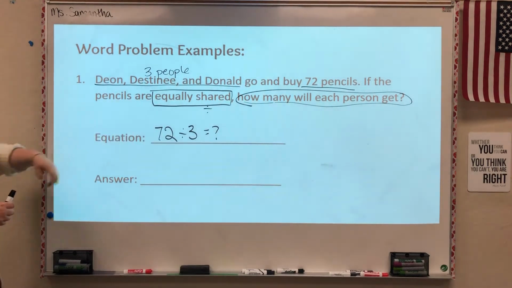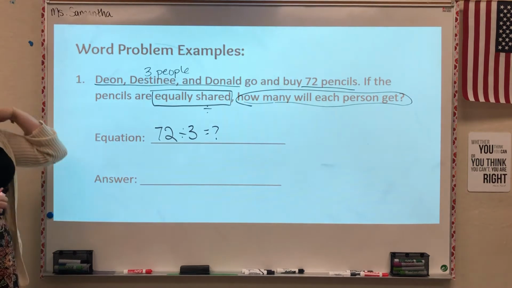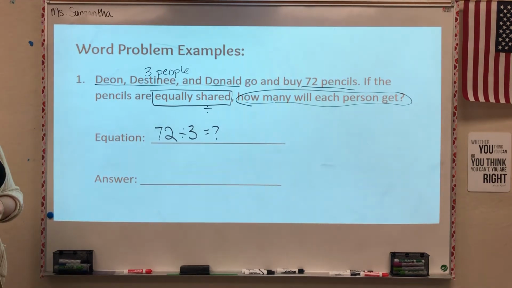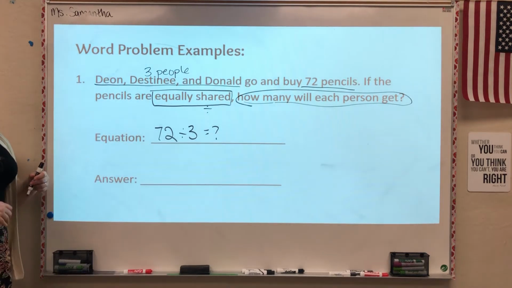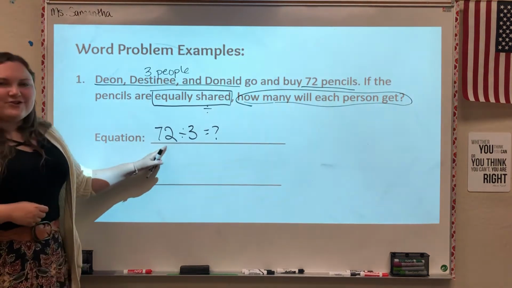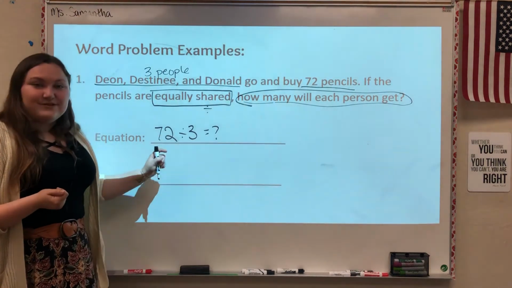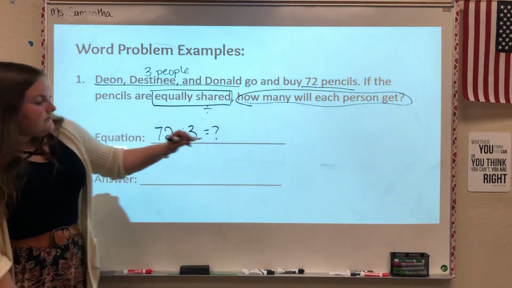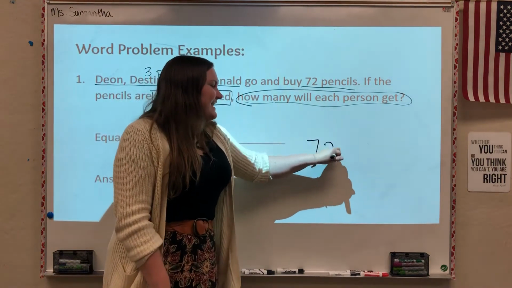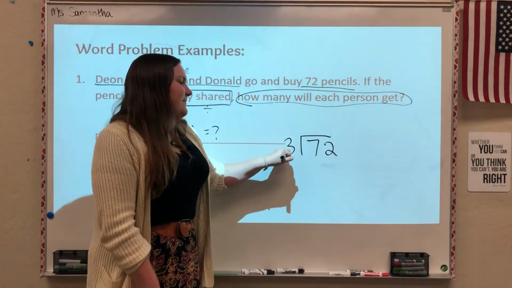Now that we've got our equation, what's our answer going to be? How many will each person get? Well, in yesterday's lesson, we learned how to do this division. When the numbers get larger like that and we don't automatically know how many 3s go into 72, that's a clue you want to use long division. So I would come and say 72 divided by 3.